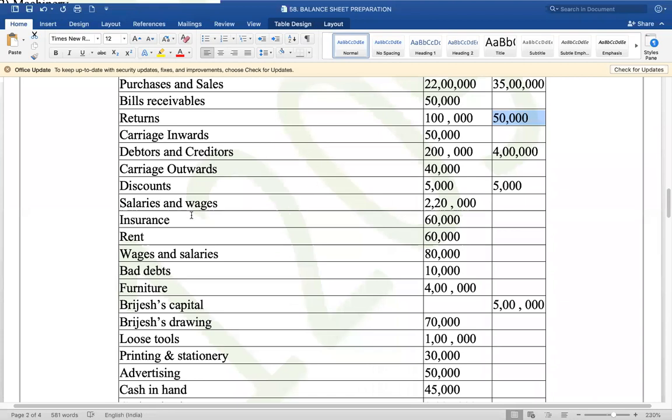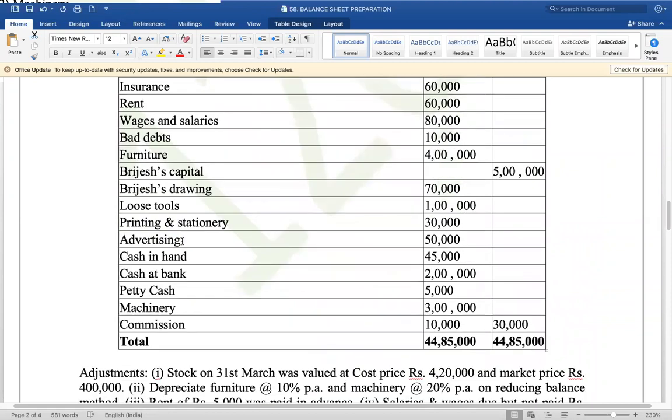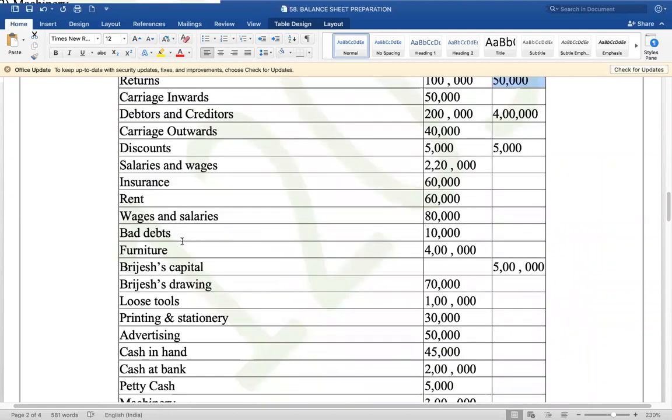Where is the sales amount? Purchases and sales. Yeah, 35 lakhs is the sales amount. So take the 35. And do you have any returns? Yes, there's a return of 100,000, 1 lakh rupees.